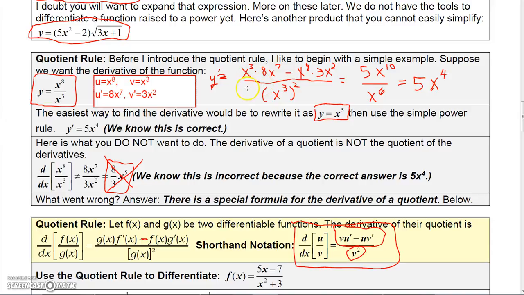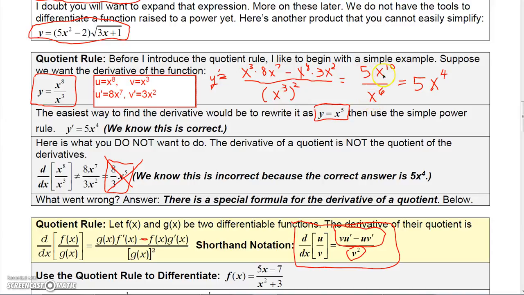Well, if you multiply these two factors together, you get 8x to the 10th. And if you multiply these two factors together, you get minus 3x to the 10th. So 8x to the 10th minus 3x to the 10th is 5x to the 10th. And then in the denominator, if you square this, you get x to the 6th.